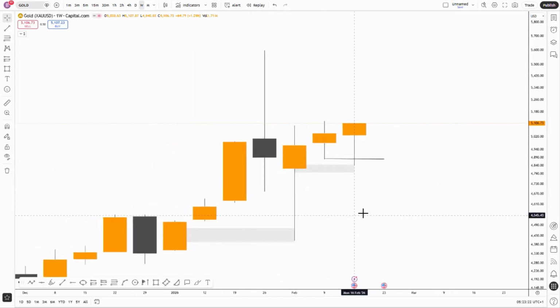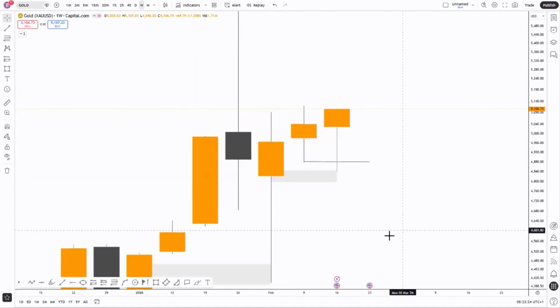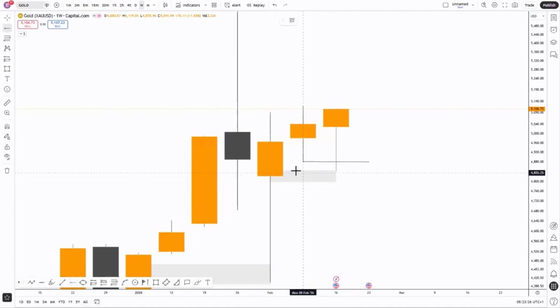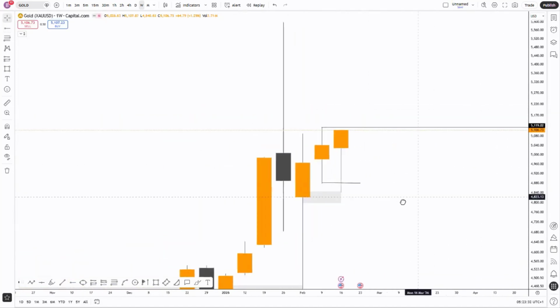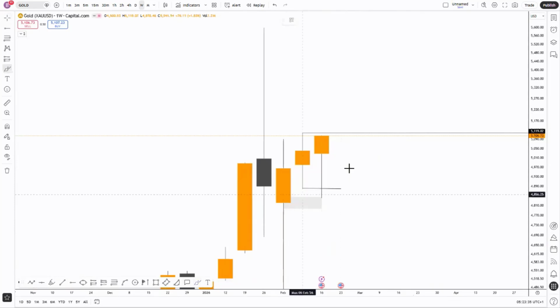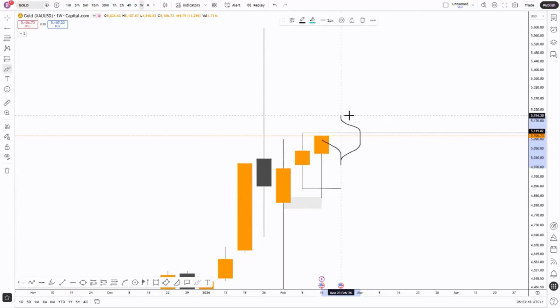Now, our first target should be after price has taken out the primary draw on liquidity; the secondary draw on liquidity will be my next target on gold. Now, it's either we see price keep buying and take out this draw on liquidity, or we expect price once it opens to sell a little, then keep buying to the upside.